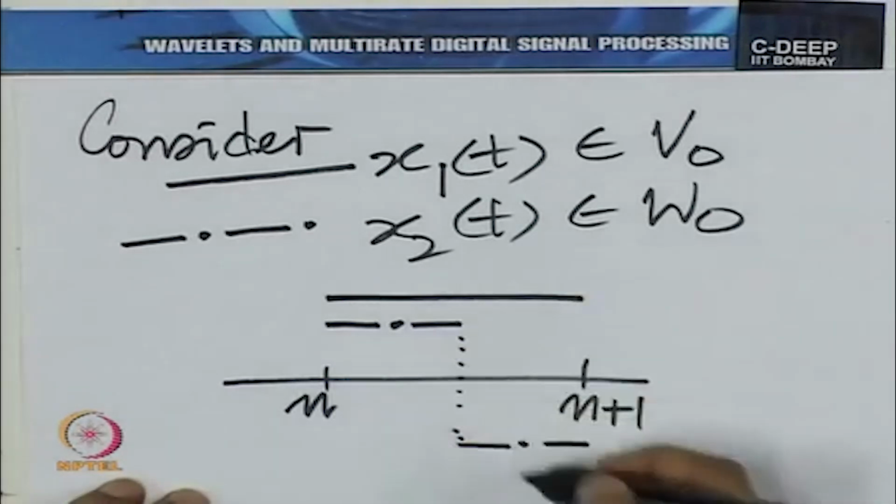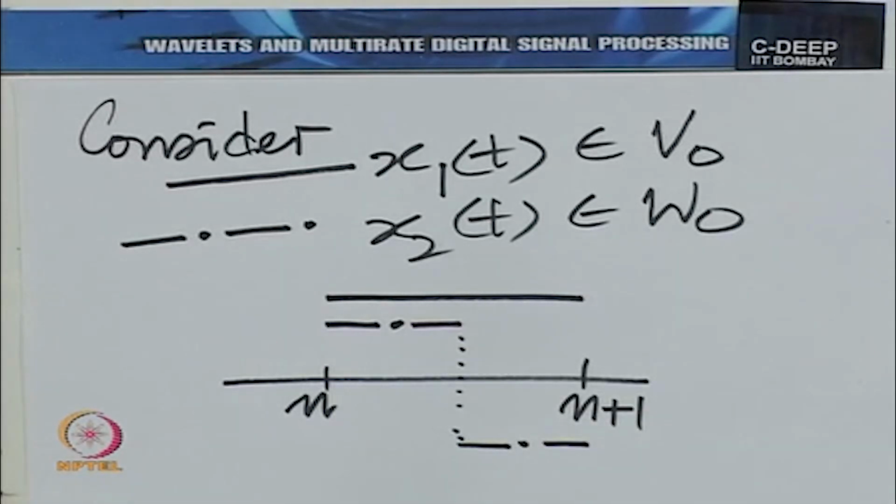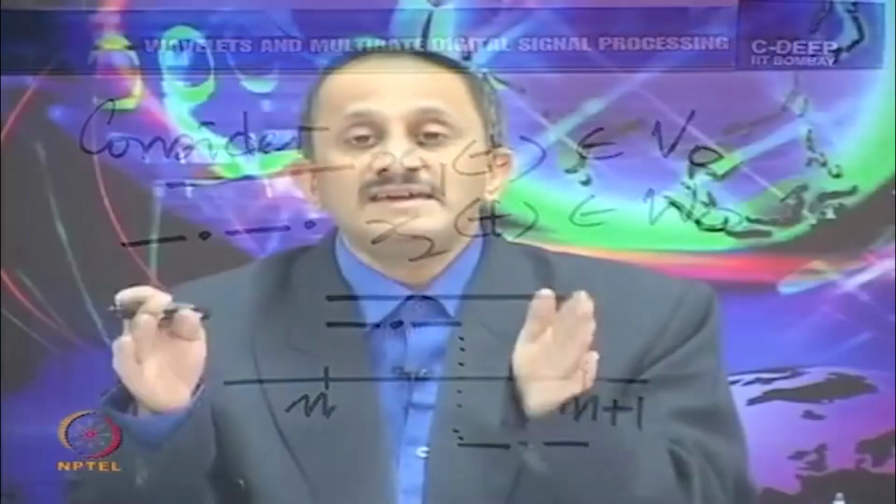If I multiplied these functions together and integrated, you can visualize the integral piece by piece on each of these intervals n to n plus 1. The integral on any one of these pieces is obviously 0, because the positive and the negative areas are equal, and this can be seen to be true of all the intervals, and therefore, obviously these two functions are perpendicular or orthogonal, because their dot product is 0.